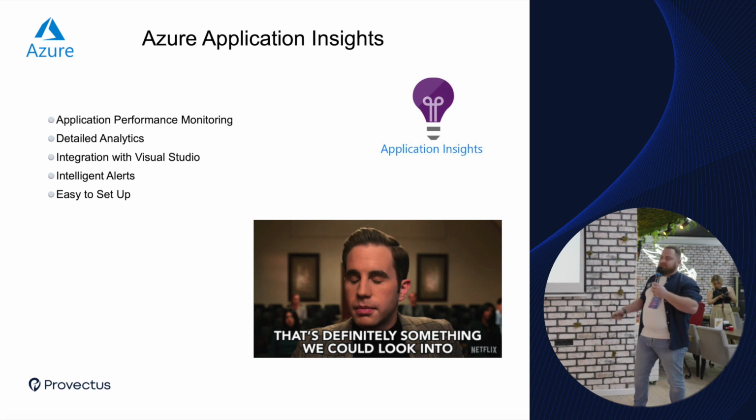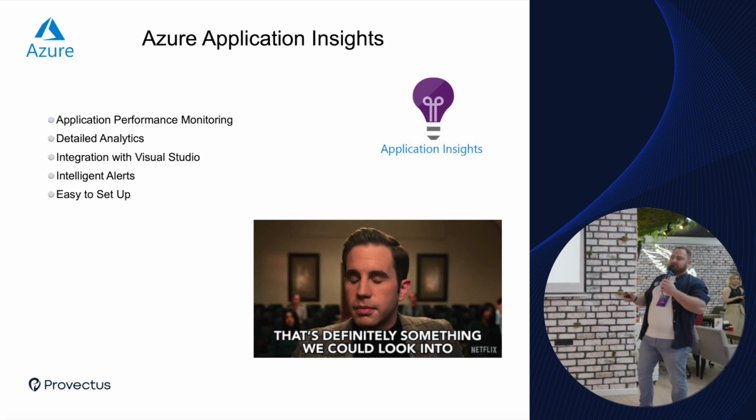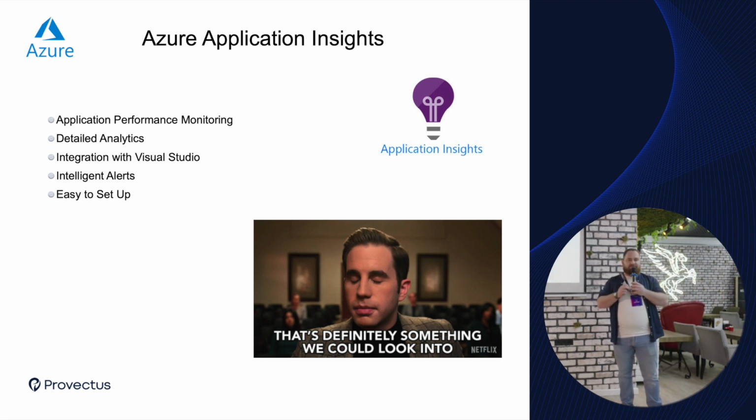It has cool intelligent alerts which Azure will automatically suggest you set up. And it's really, really easy to set up. With just a few clicks on next, you will get all information about your application, the connections, the issues, everything that you need.